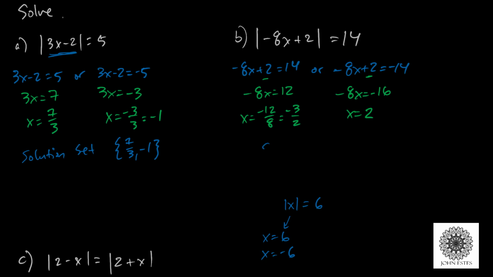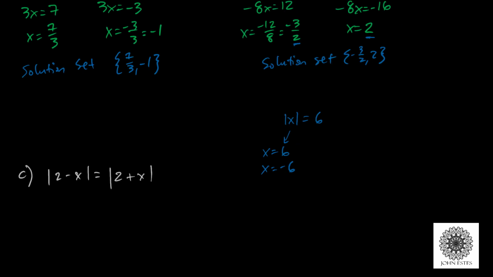So as my solution set, I have negative 3/2 and 2. And you can verify if you want. You can plug these values into my absolute value equation, and you should get an absolute value of 14.